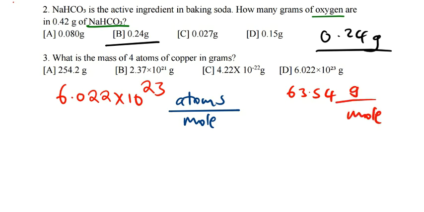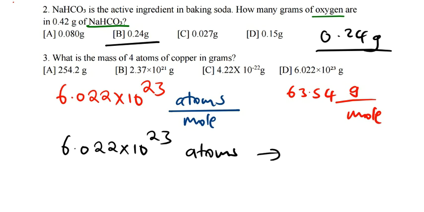So you see that Avogadro's constant is giving us the number of atoms in a mole, and then the molar mass is giving us the grams per each mole. So in other terms, you can actually equate these. You say 6.022 times 10 to the power 23 atoms weigh 63.54 grams.